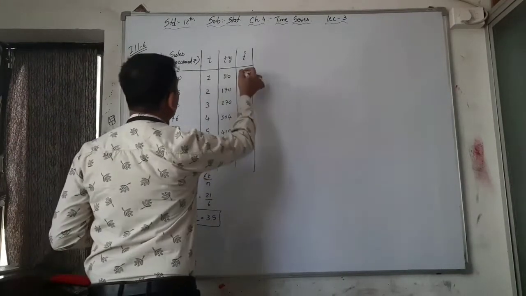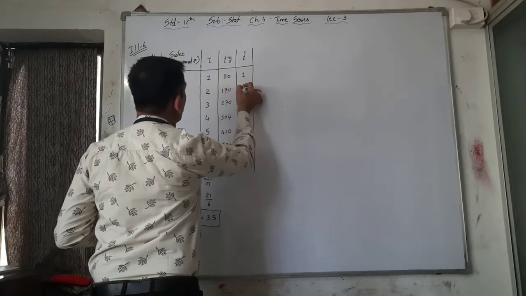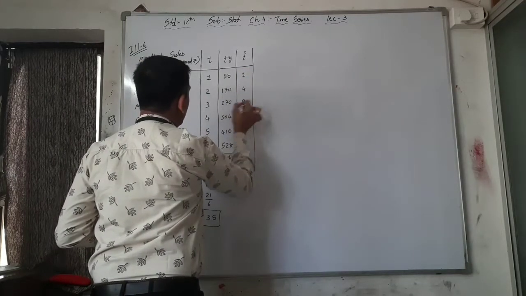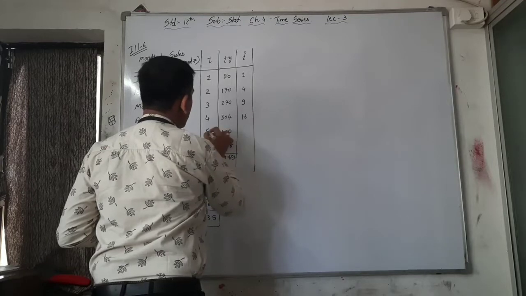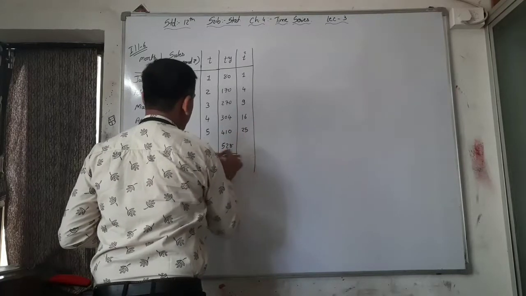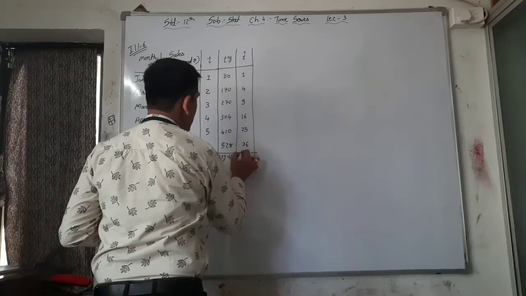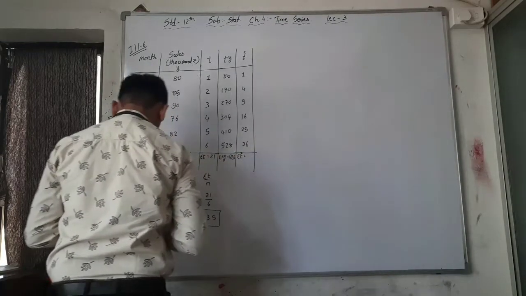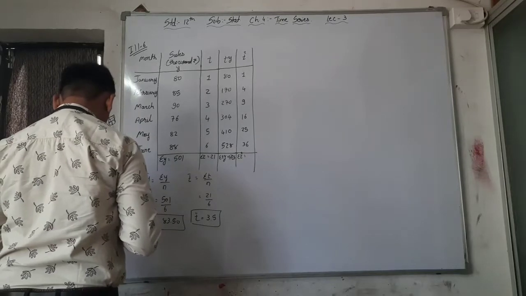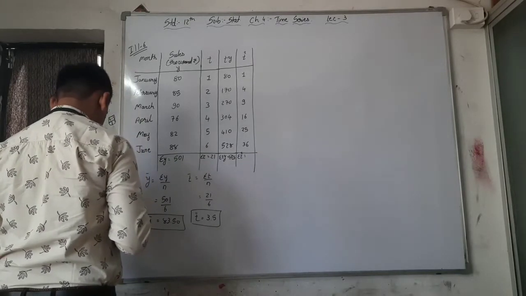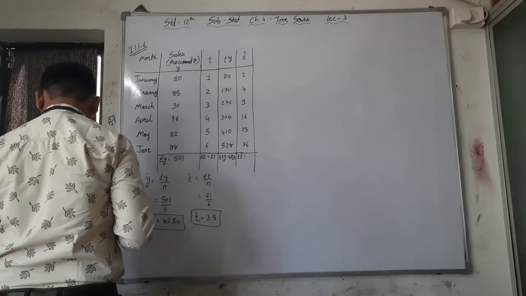Then T square: 1, 4, 9, 16, 25 and 36. Sigma T square is equal to 36 plus 25 plus 16 plus 9 plus 4 plus 1, that is 91.